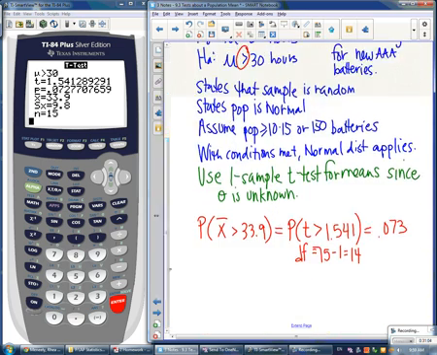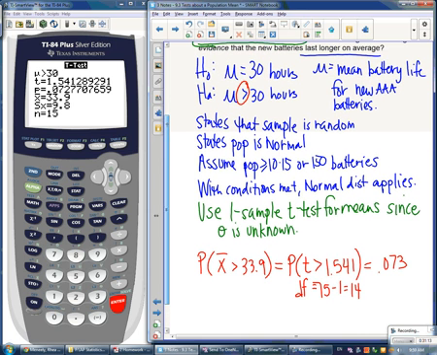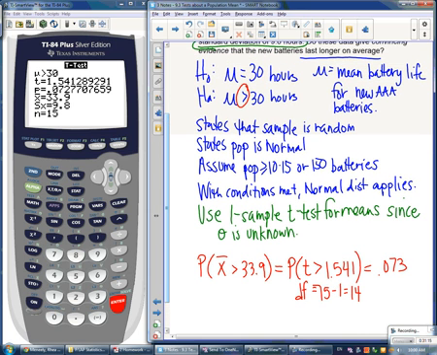So in this case, if I were to interpret the p-value, I would say if it's true that the mean length of these batteries is 30 hours, then the likelihood of me seeing a sample that yielded a mean greater than 33.9, the probability is 7.3%.